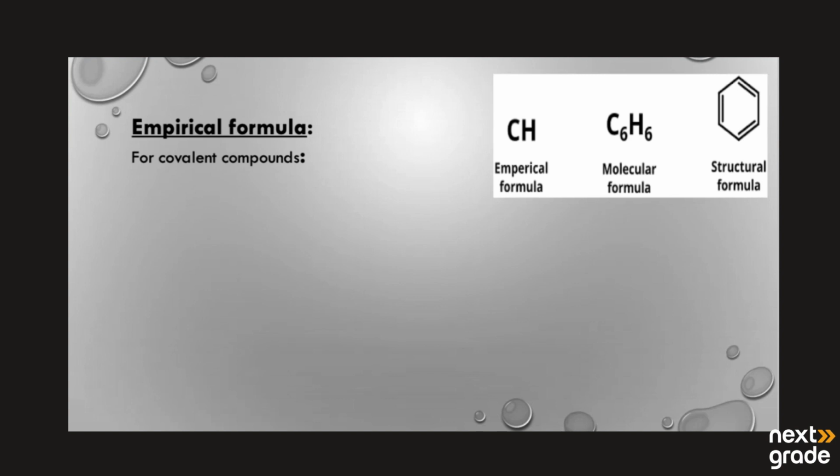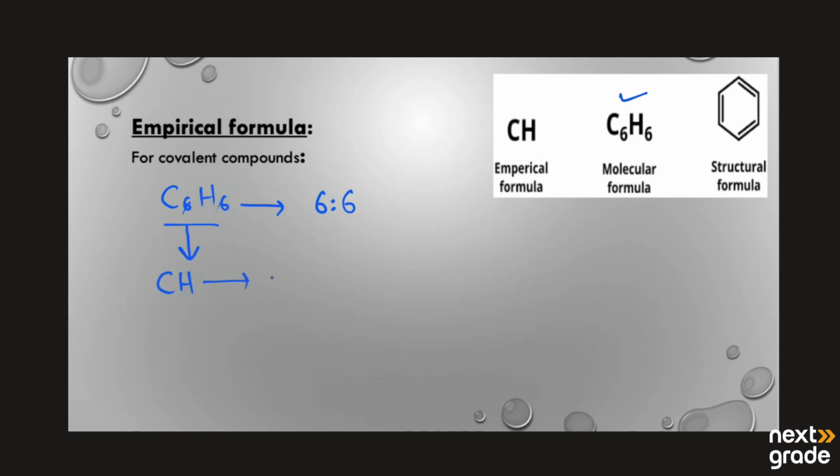Let's discuss examples of the empirical formula for covalent compounds. For example, we have a simple compound like benzene. Its formula is C6H6, which has an atom ratio of 6 to 6. But if we simplify that, we get CH, which has the ratio 1 to 1.